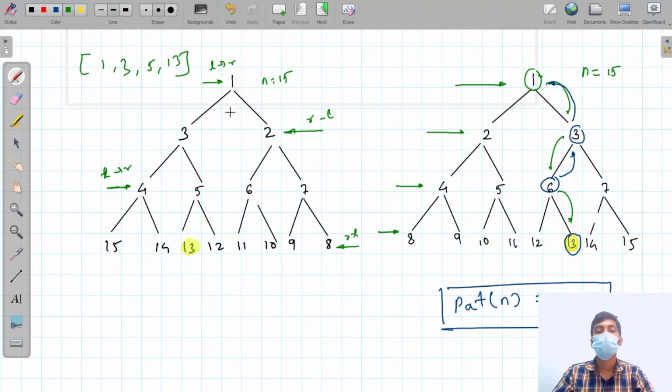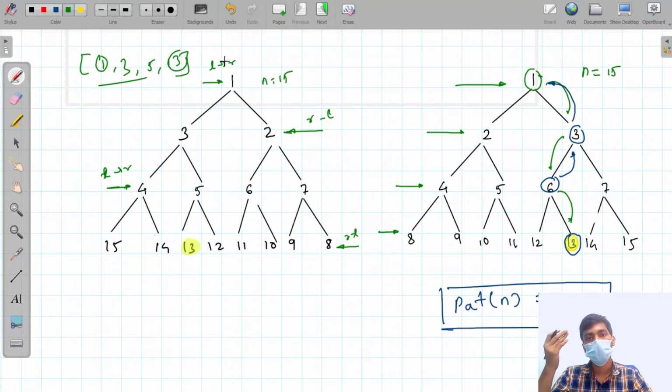So how do we find the answer for this? We have already seen that one is going to be constant, and the node that we have asked about is going to be constant. Why? Because one is our terminating condition, the head node, so we have to find the path from one to the given node.